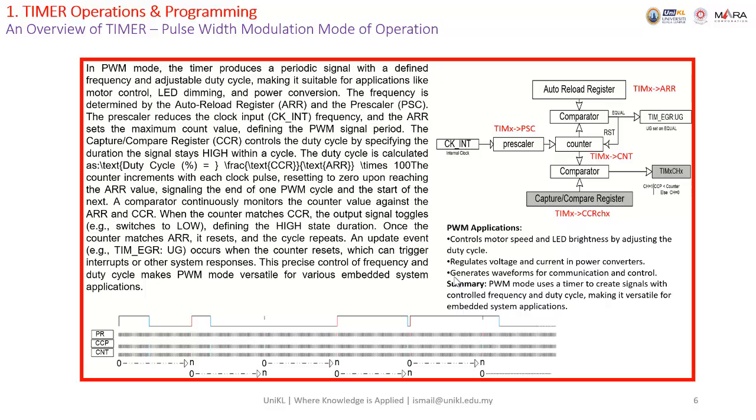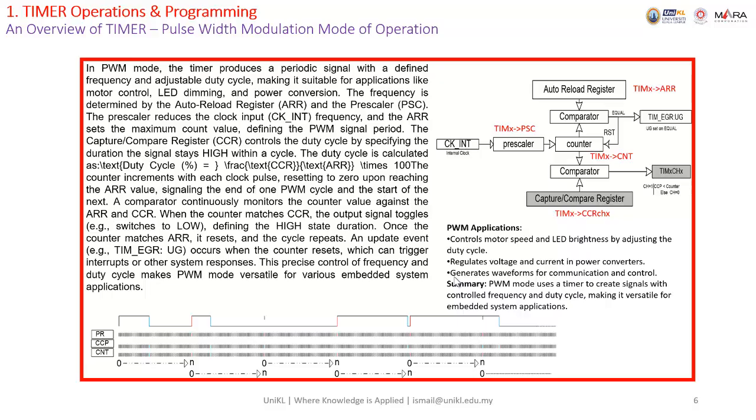The auto reload register handles the period of the PWM, while the duty cycle is determined by the value inside the capture compare register. That's the first idea you should know.